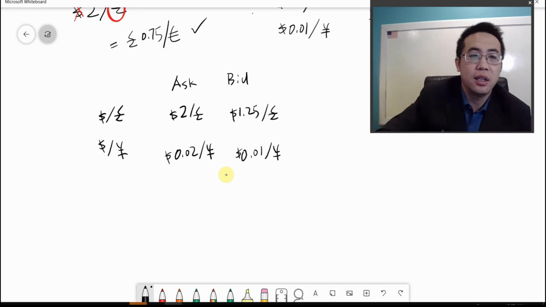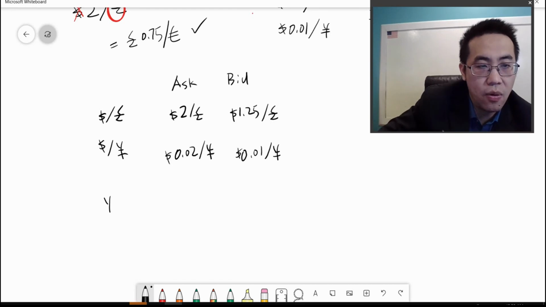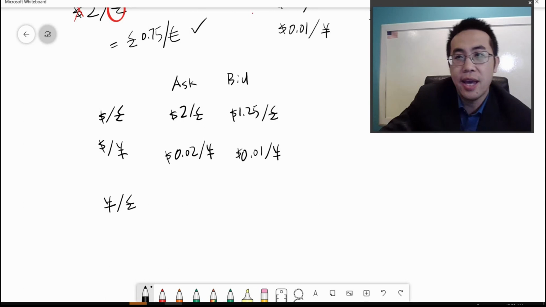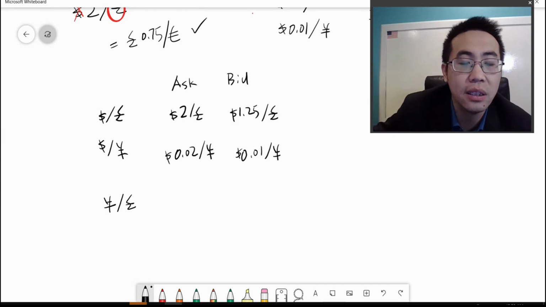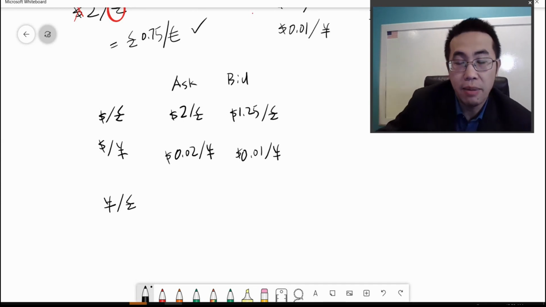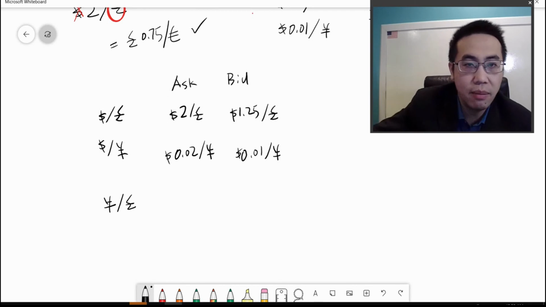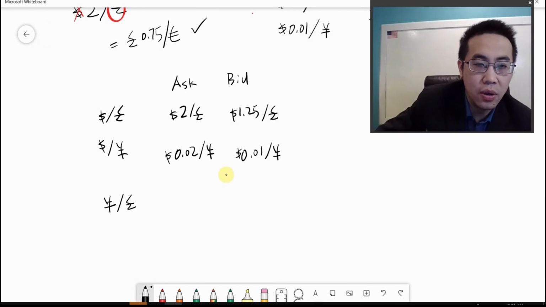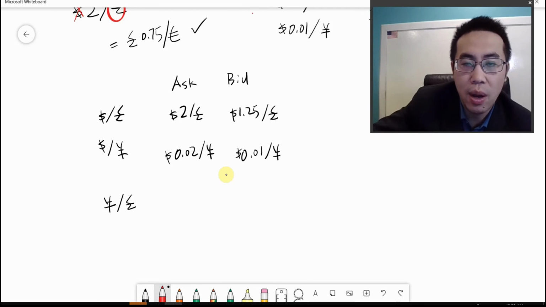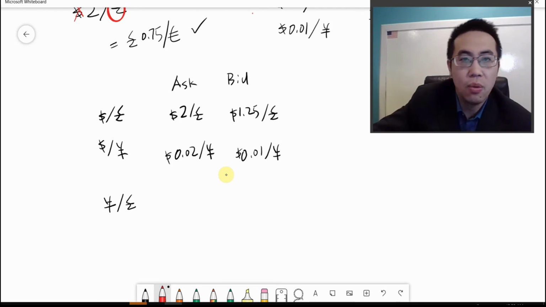Okay, and the cross rate I'm asking for is the amount of yen per pound, or the yen price for each pound. How could we get that? So we are going to do a combination. We are going to do a diagonal combination, which means we are not combining 2 to 0.02 or 1.25 to 0.01.